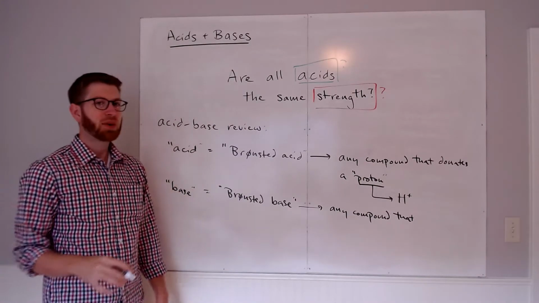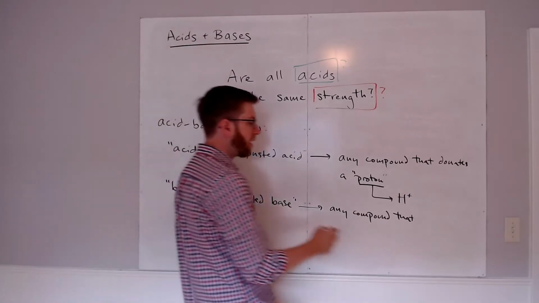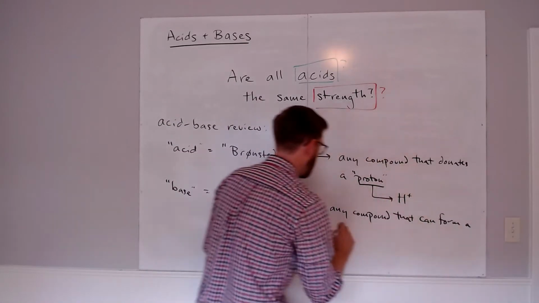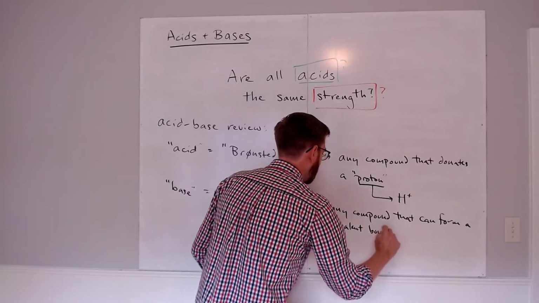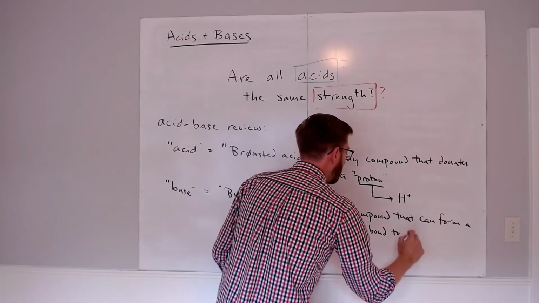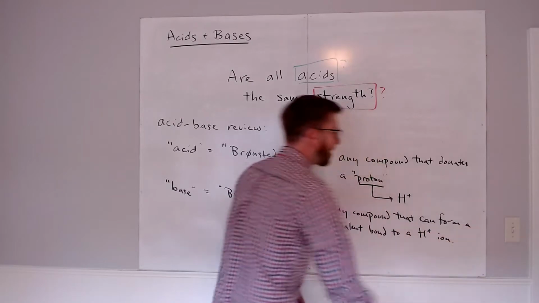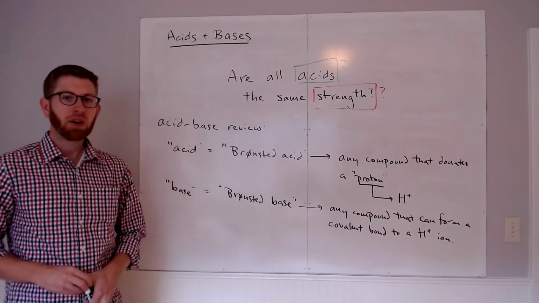I don't like that language because accept is extremely vague, so I'm going to be a lot more specific. This is any compound that can form a covalent bond to an H plus ion.